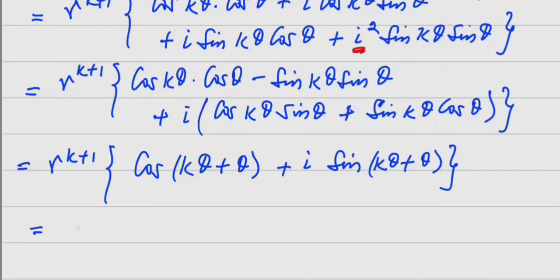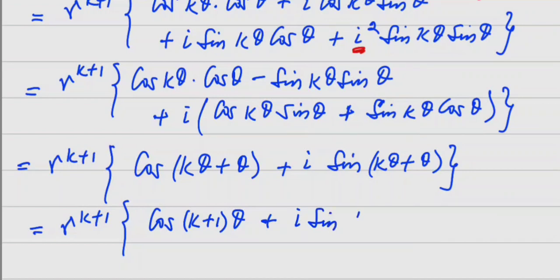So let's factor our theta here. We have r raised to power k plus 1 into (cos (k plus 1) theta plus i sin (k plus 1) theta).